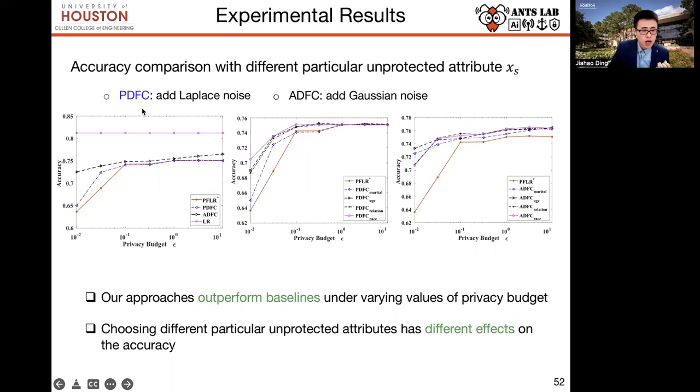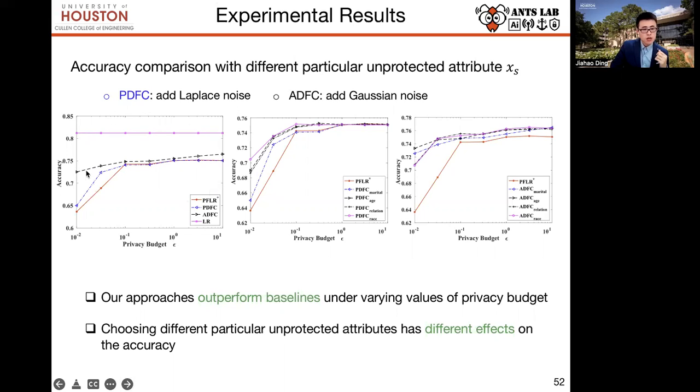Our two algorithms are the blue ones, PDFC and ADFC. PDFC adds Laplace noise and ADFC adds Gaussian noise. In this figure, the particular unprotected attribute is marital status.